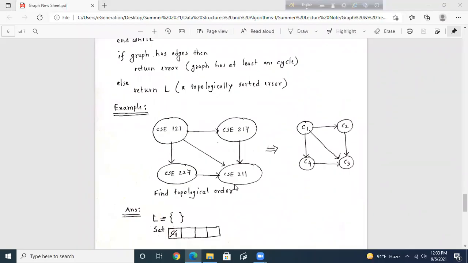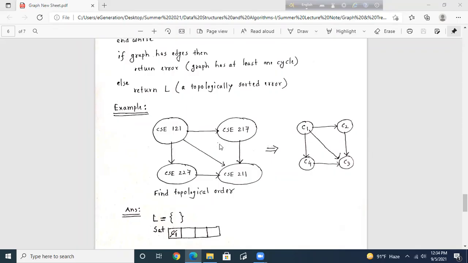But dear student, in this component, CAC 121, CAC 217, CAC 211, there is no cycle. So this part does not contain any cycle.